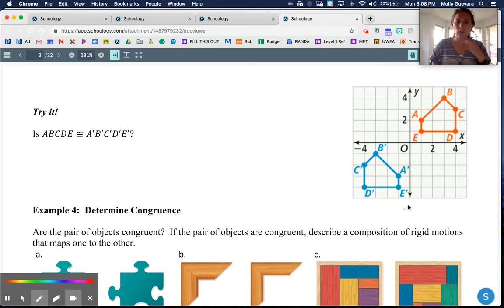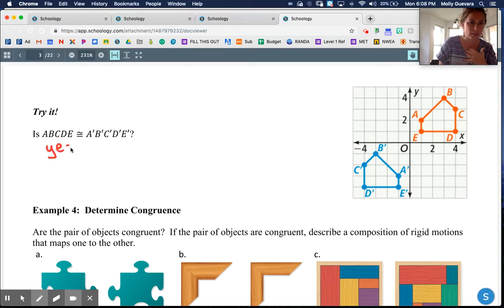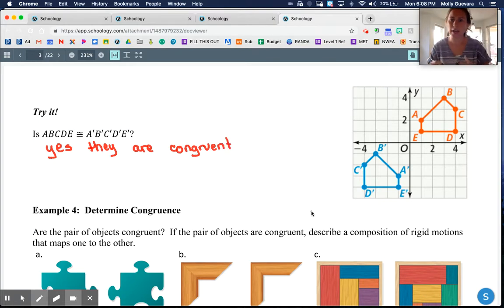All right, so hopefully when you counted the side lengths and counted the ratio, you saw that these are congruent. So yes, they are congruent. So then the next thing that we need to look at is, how do I go from the orange to the blue? And again, there are so many different ways that you could do this, okay?